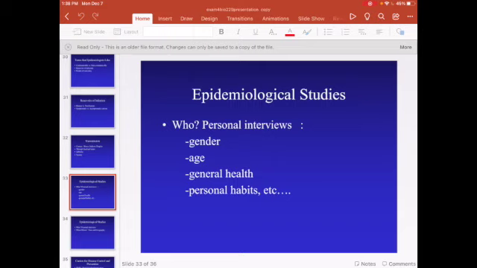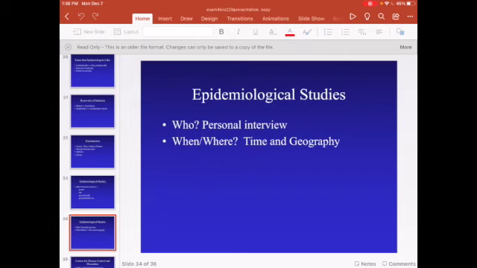Their general health, are only people who have high blood pressure getting this? What are their personal habits? Where did they go? Where did they pick this up from? So they're the who, what, when, where, how, and why people. And so they do that through personal interview. We try to look at the geography of things. This is all stuff that we have chit-chatted about before.